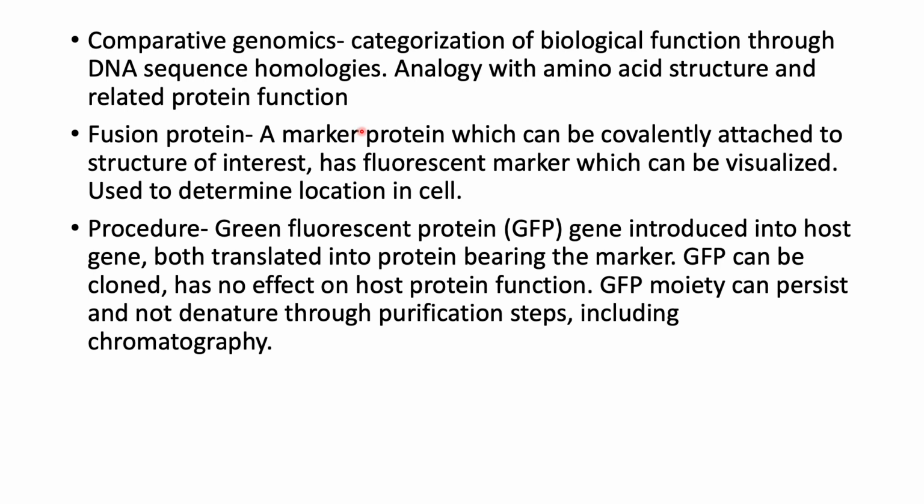There's also fusion proteins. This is a marker protein. It can be covalently attached to the structure of interest. I've addressed this just a few minutes ago. There's a fluorescent marker. It could be a chemiluminescent marker. And you can visualize this and quantitate it. And you can determine the location in the cell, as well as hybrid markers, which will produce a given outcome of a coloration.